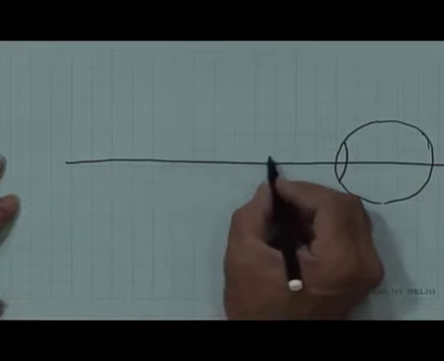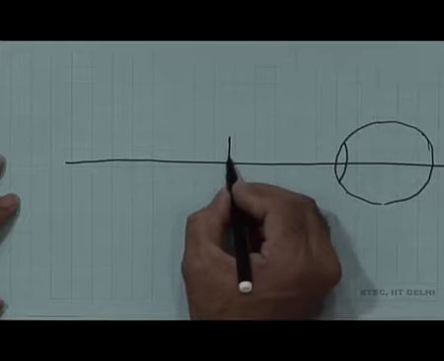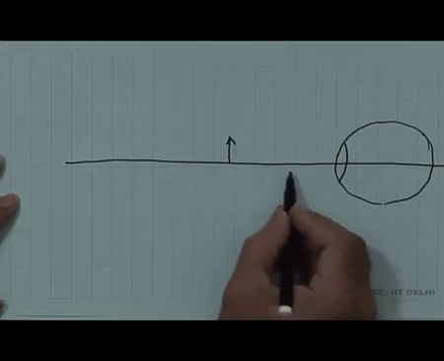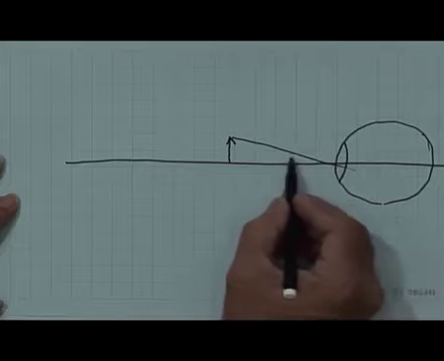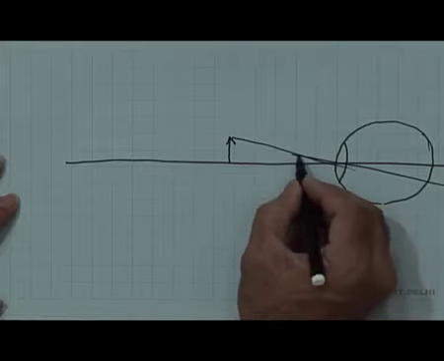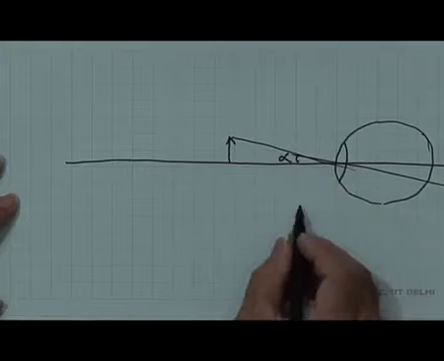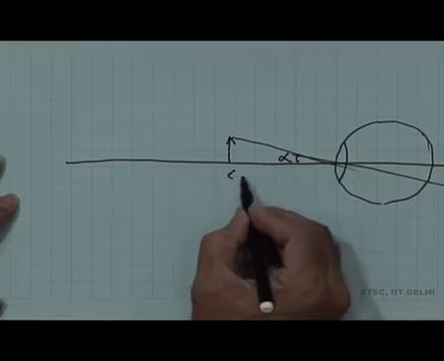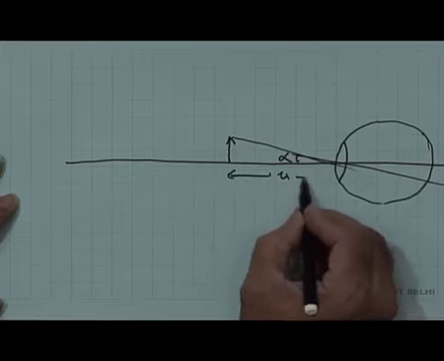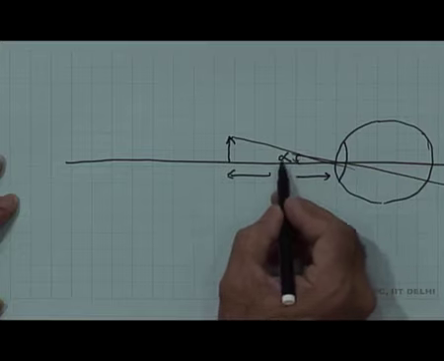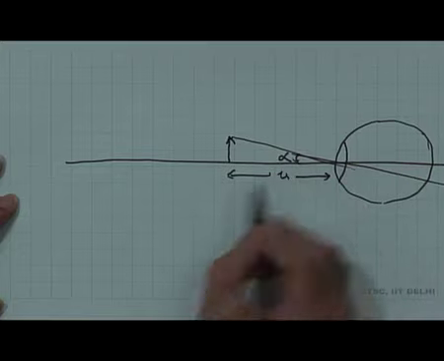If you have a big object, which subtends a certain angle alpha at a certain distance u here, then the angle subtended at the eye is alpha.